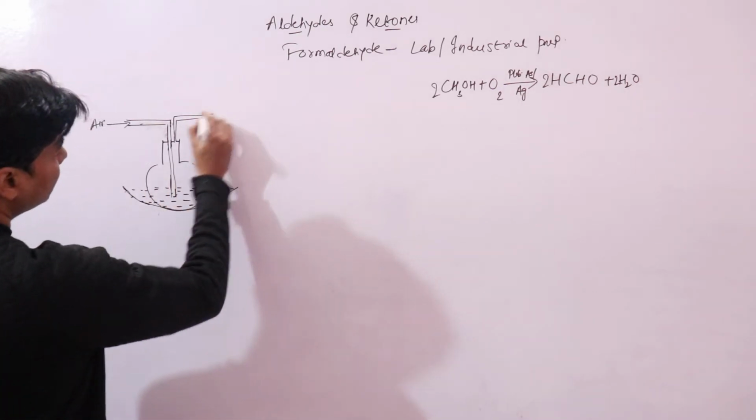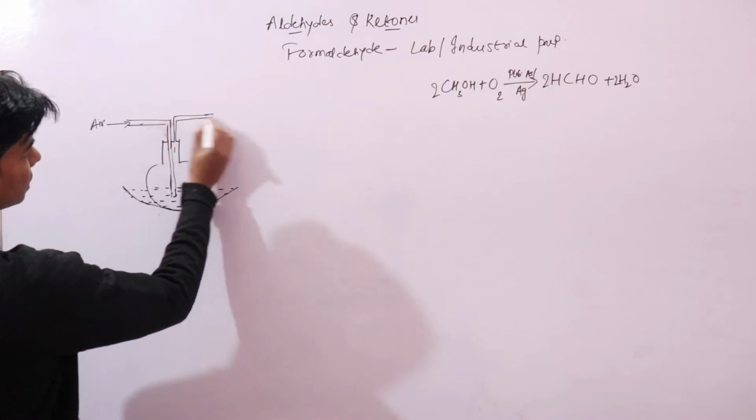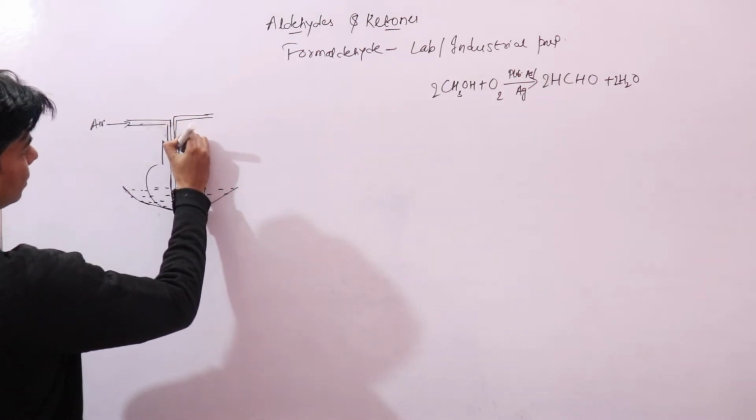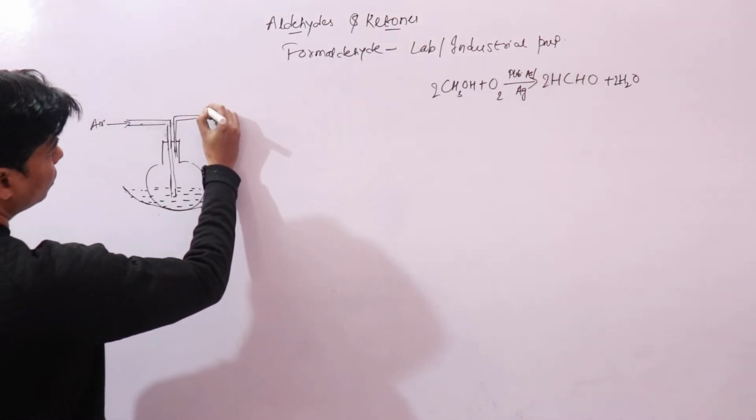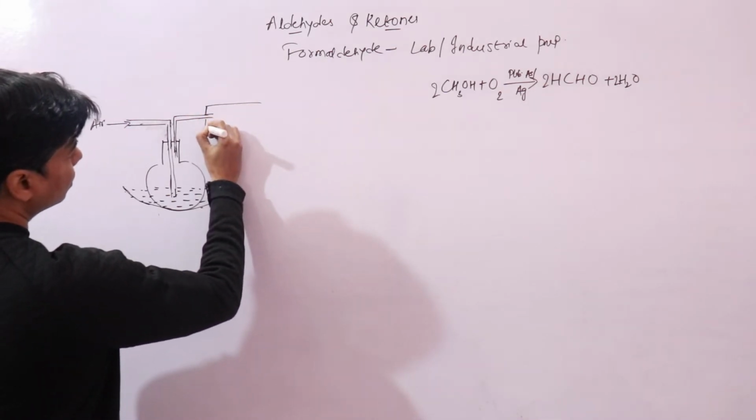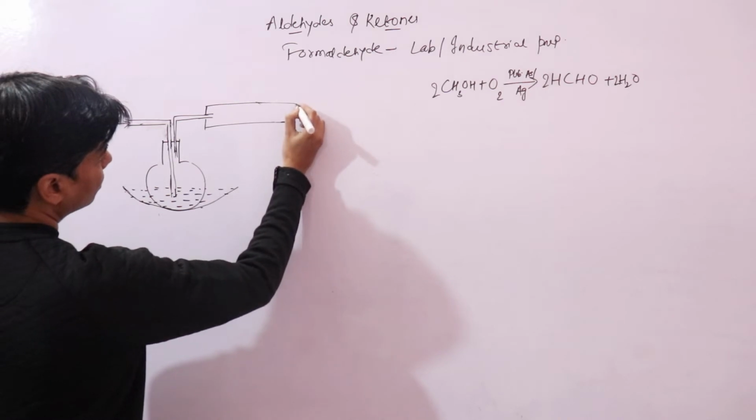Now the second tube, which is bent at right angles, is connected to a combustion tube like this.